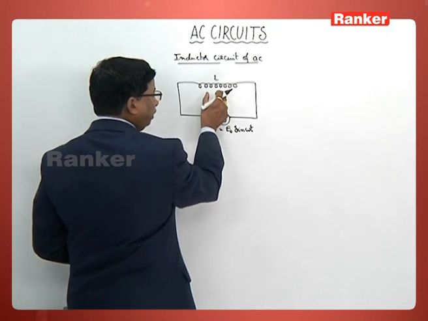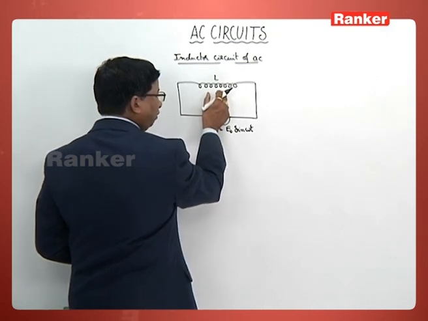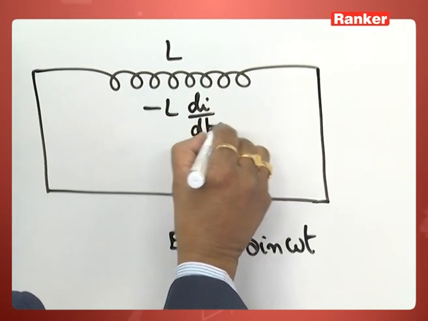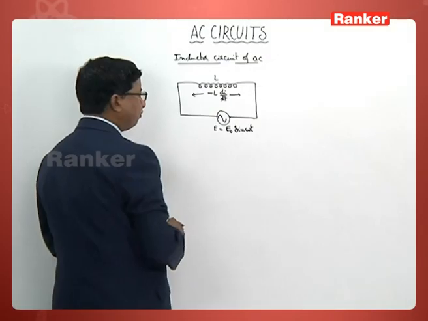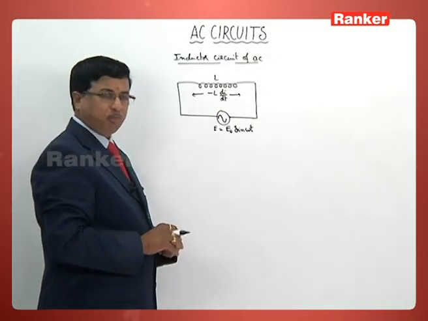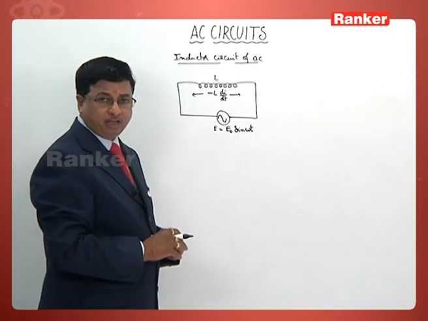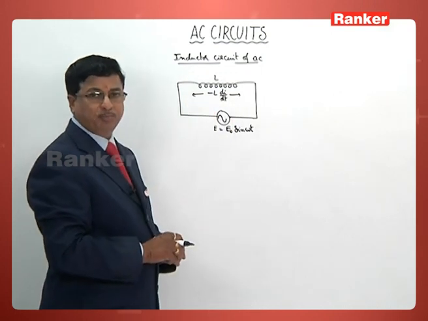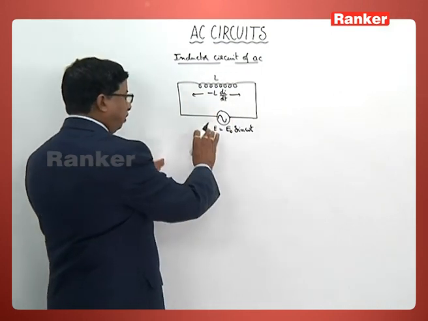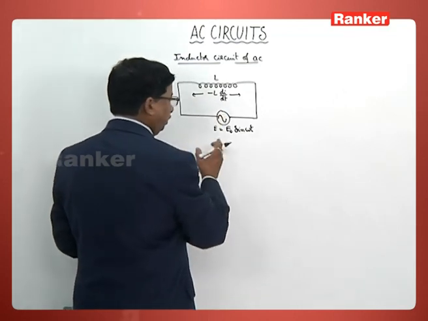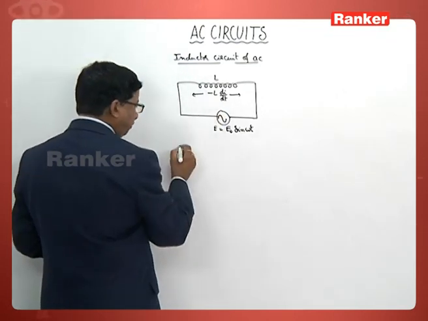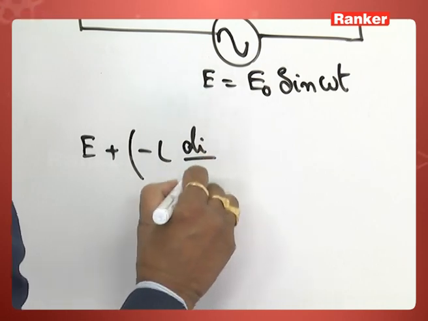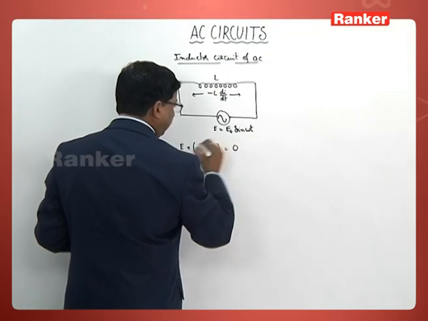And what is going to be the potential difference across this, or EMF across this one? Minus L di by dt, that is actually the EMF across the inductance coil. Now how to reproduce the same equation in terms of EMFs? Look at this one, E plus minus L di by dt, we can write that as 0.